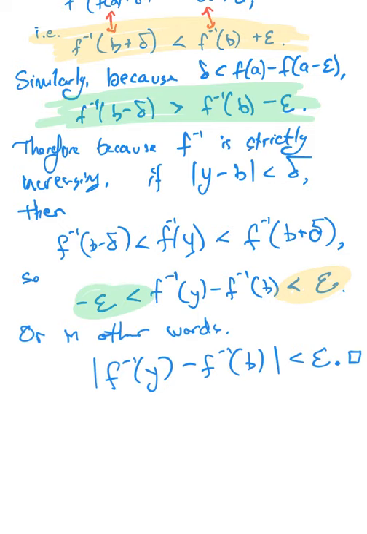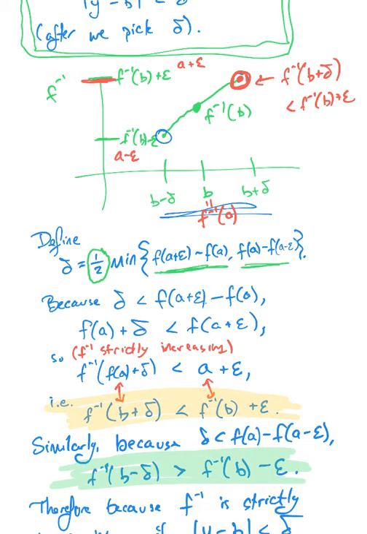Could you scroll back up to the picture again, please? Yes. So, from what I understand, what we're doing with this delta is we're saying f is continuous and we get the two epsilon deltas that get really close.